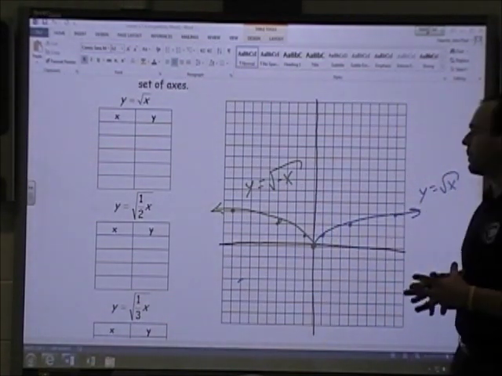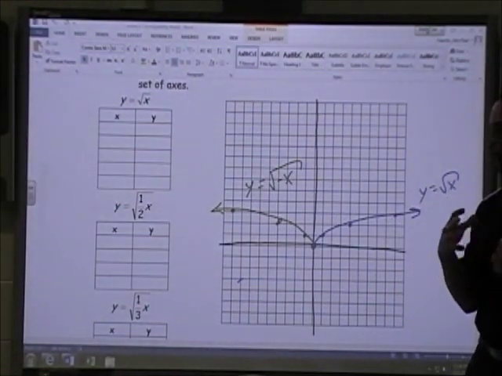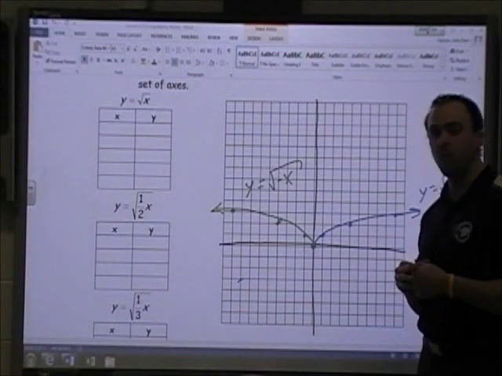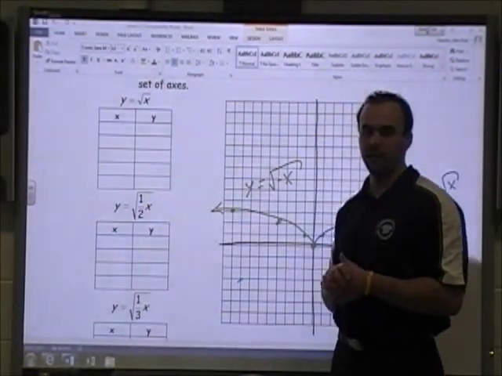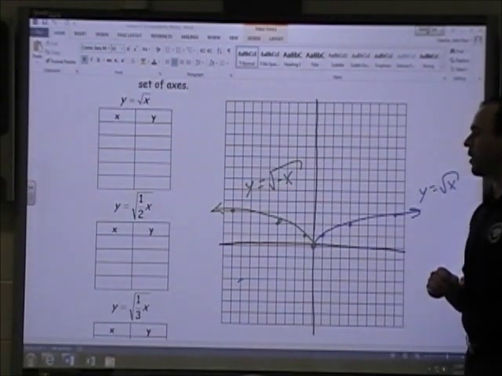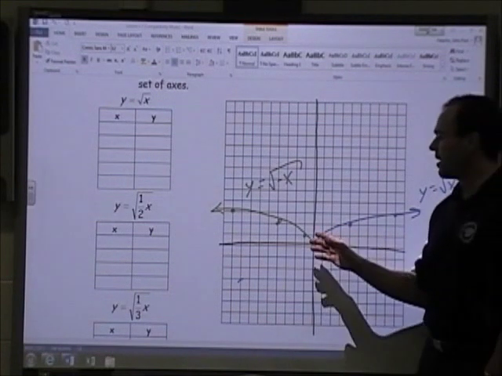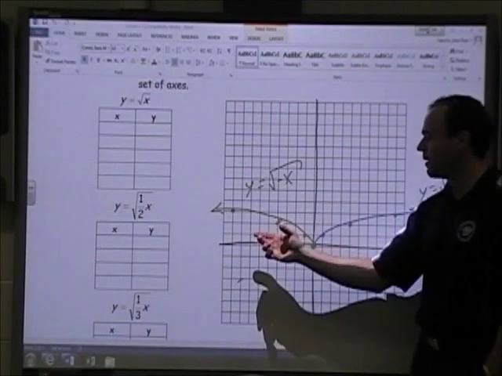We already know what happens when there's a half in front of the x. That's a horizontal stretch by a factor of 2 over 1. And we also know what happens when there's a 4 in front of the x. That's a horizontal compression by a factor of 1 over 4. But what happens when there's a negative in front of the x? As you can see, this switched all your x values to negatives.